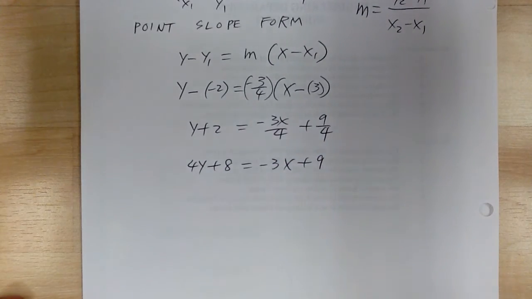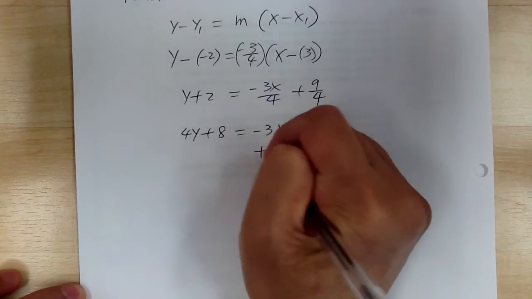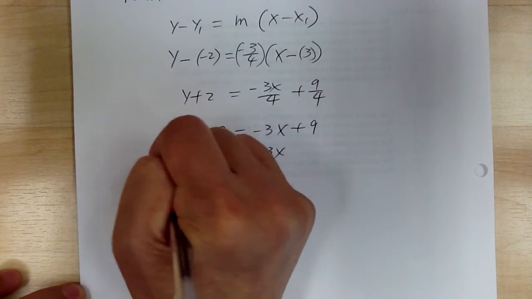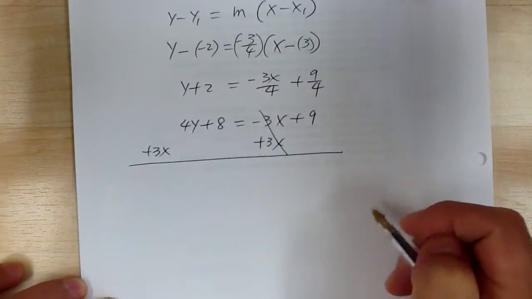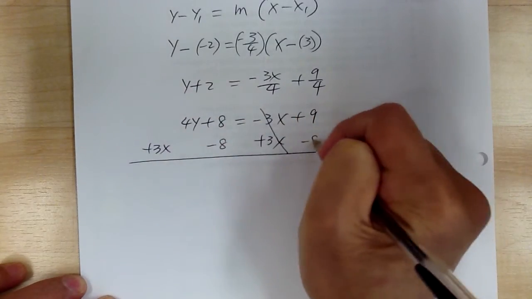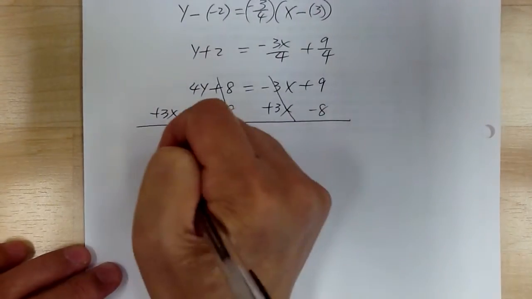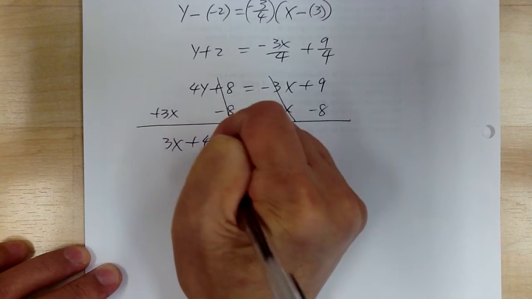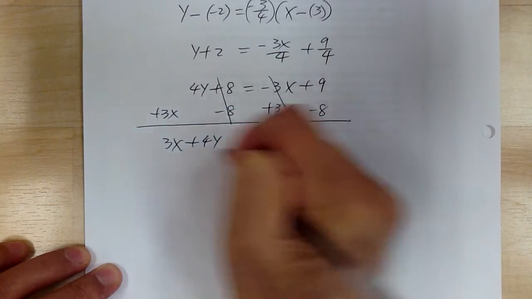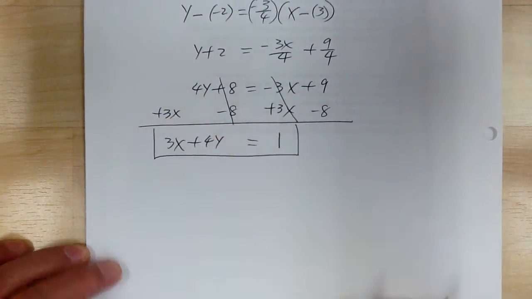And I want you to put it in standard form. Standard form is variables on the left side and the number on the right-hand side. So plus 3x on both sides, and minus 8 on both sides. You get 3x plus 4y equal to 1. And that is your equation in standard form.